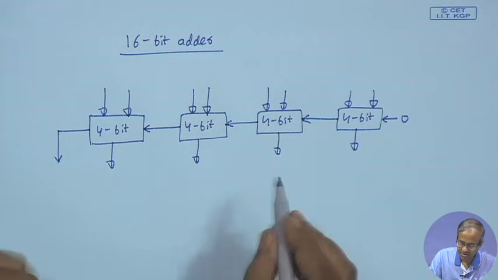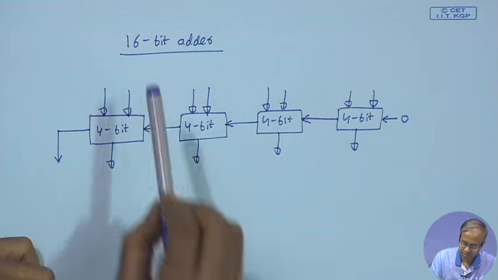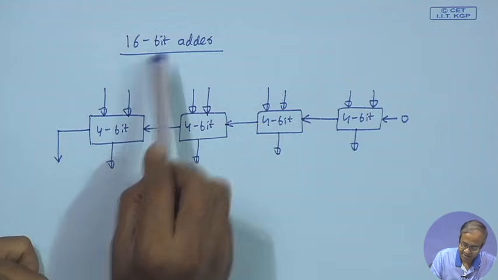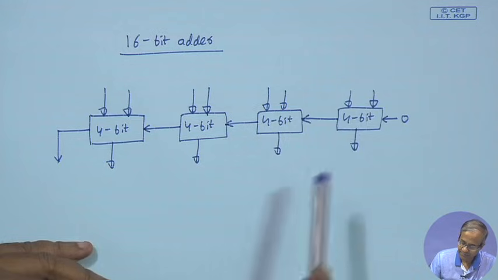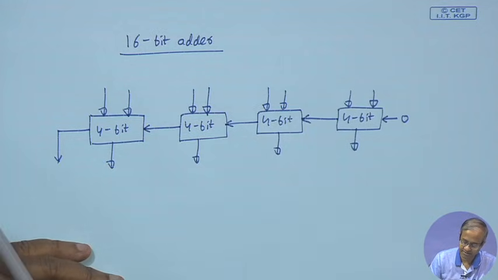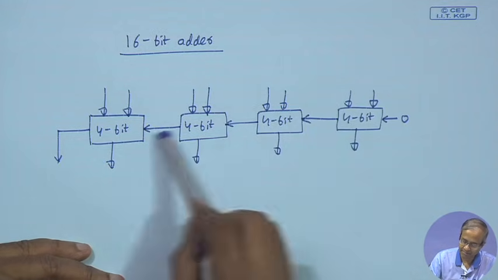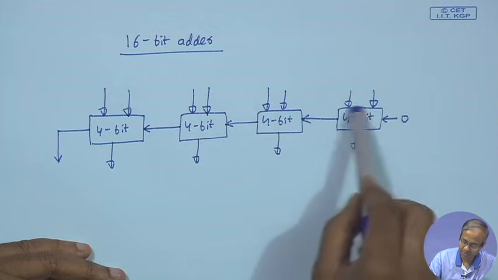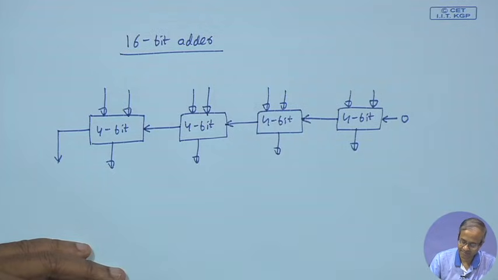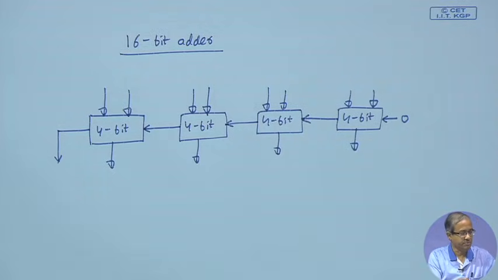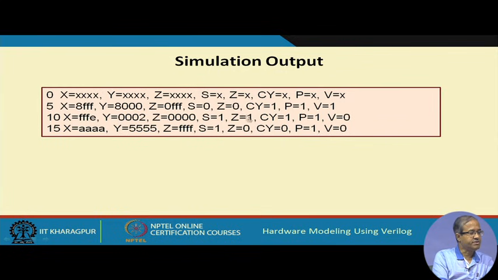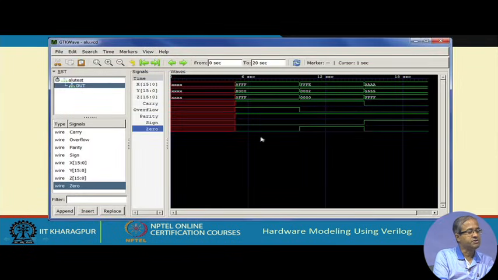So, let us do a structural design like this. Now we are implementing a 16-bit adder using 4-bit adders and connecting them like this, ripple carry between the stages, right. So, this is our next step. Well, with respect to the simulation output, we have also shown it here.